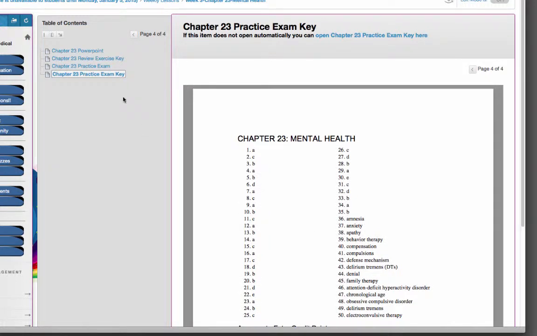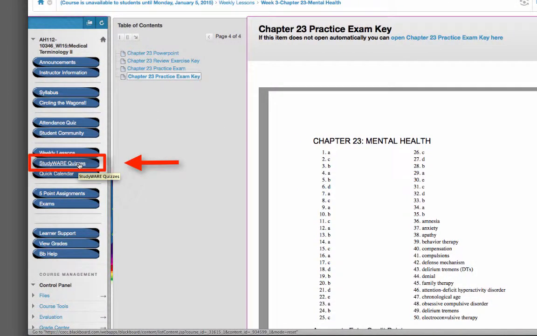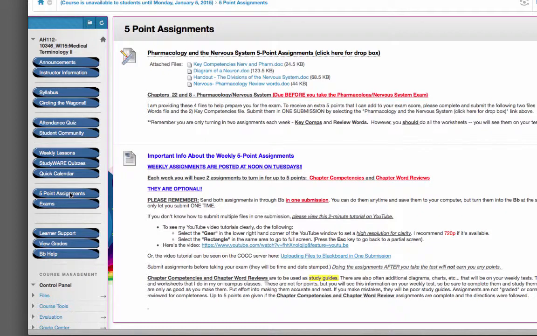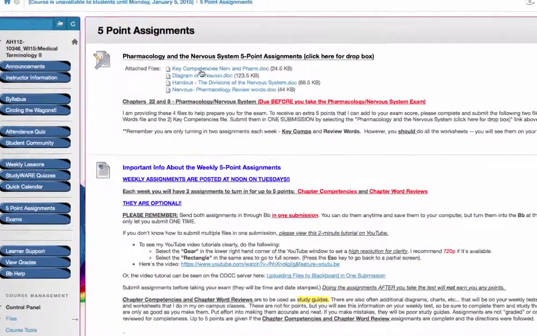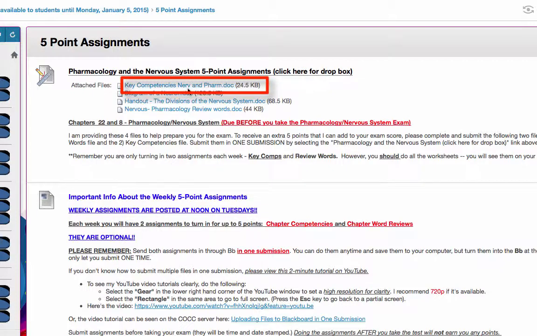So you really have a lot of resources. You have PowerPoint, you have the chapter review questions, you have the practice exam, you have the study word questions, and now you also have the 5-point assignments. So I'll post these each week as well. You need to turn them in before you take the exam, and you will be just filling out the key competencies file and the review words file.